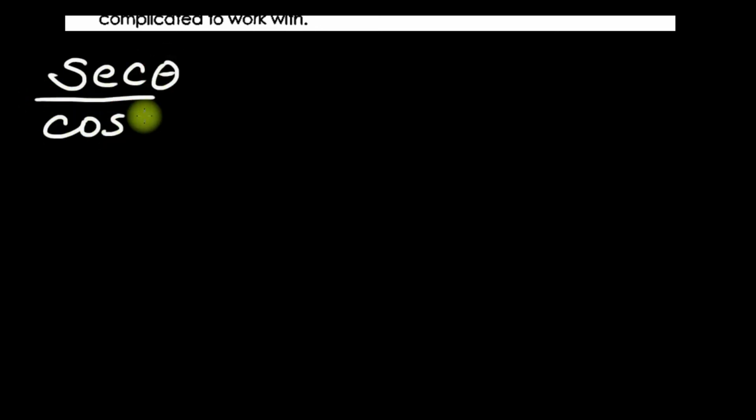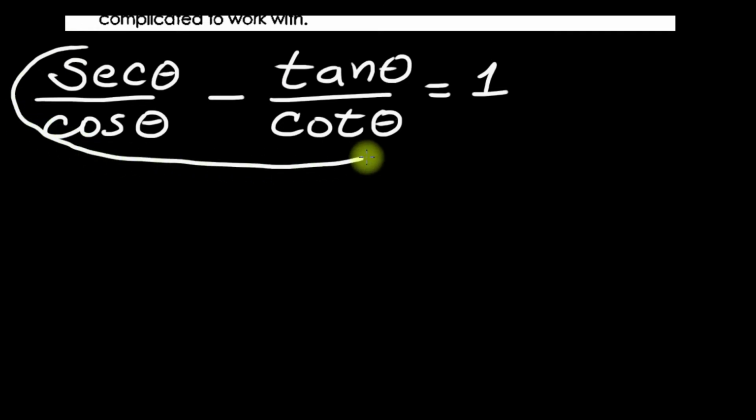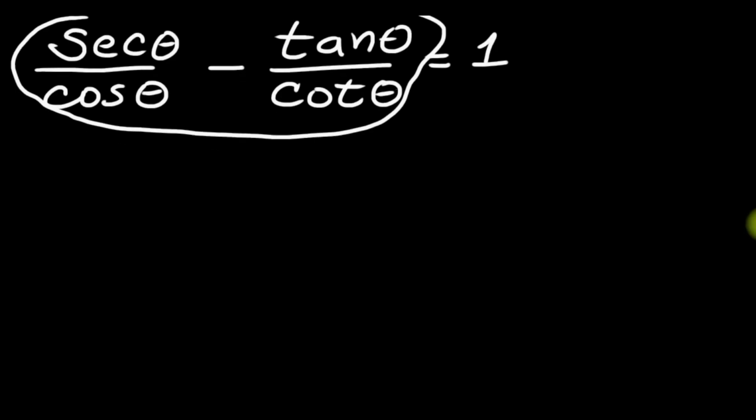Okay, let's take a look at the next one. You've got secant theta over cosine theta minus tangent theta over cotangent theta, and the other side is 1. We're going to prove that this side, the more complicated side, is 1, by simplifying the left-hand side using the identities.